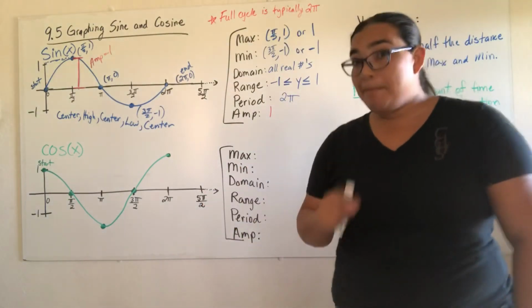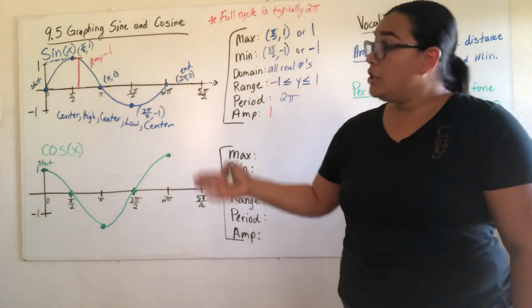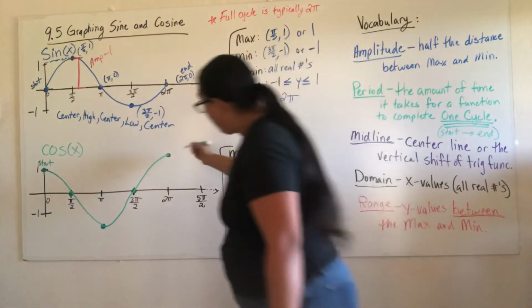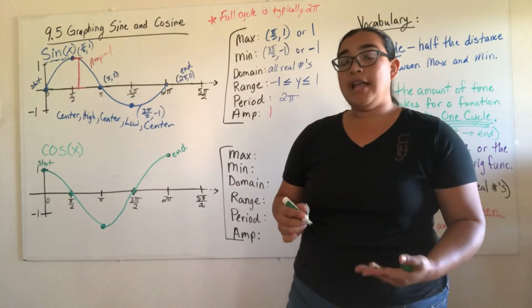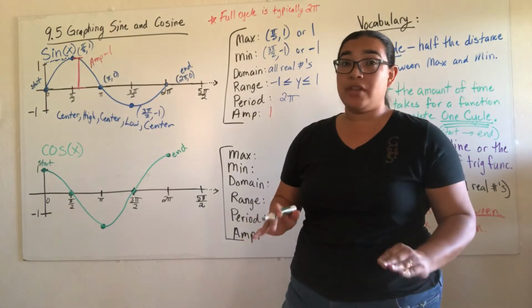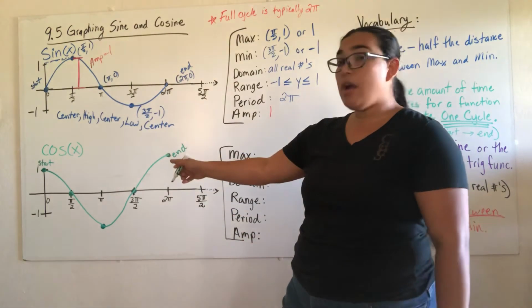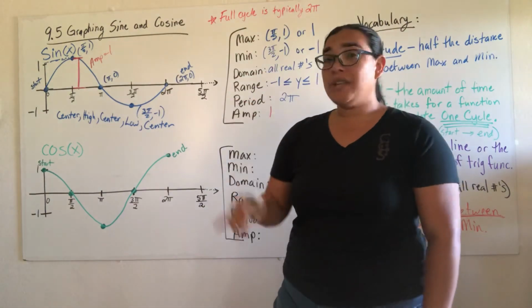Now, let's talk about pattern. So cosine graphs have different patterns than a sine graph. We know it started at 1, we know it's ending at 1, but let's go ahead and do a pattern for cosine. Cosine has a totally different pattern, even though you saw the same numbers. Cosine starts on a high. Very key thing to remember. Cosine starts on a high.